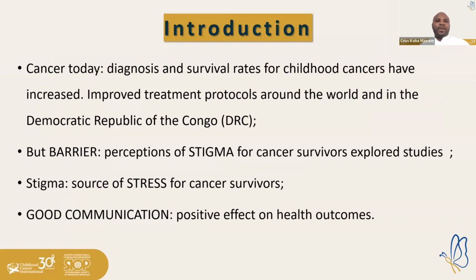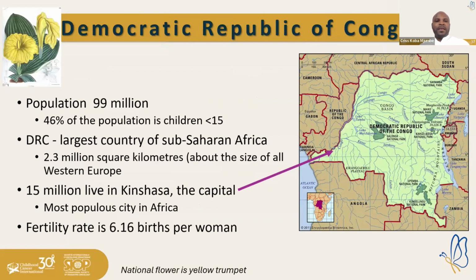This study we did in the Republic of Congo. Congo is a big country in the center of Africa, with 99 million people living in Congo, but this statistic is for 2020. 46% of this population are children under 15.